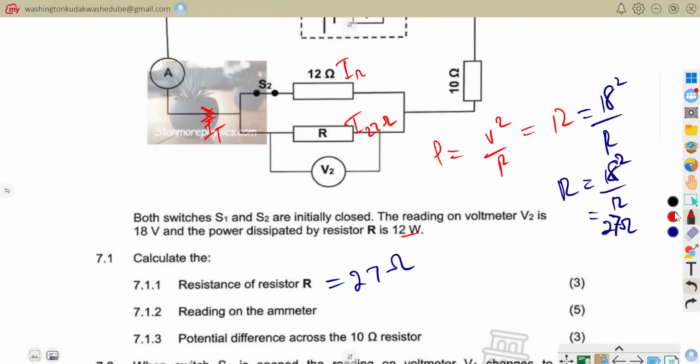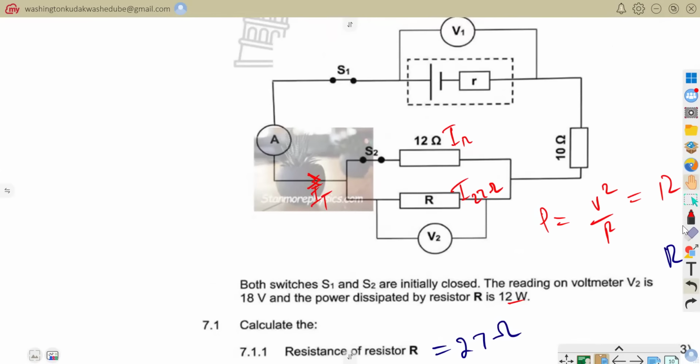So for me to find the current on the 12 ohm, because they're connected on the same parallel connection with the same voltage, current is equal to voltage over resistance. Voltage there is 18 divided by resistance, which is 12. If you say 18 divided by 12, you are going to find 1.5 amps. That is the current in the 12 ohm.